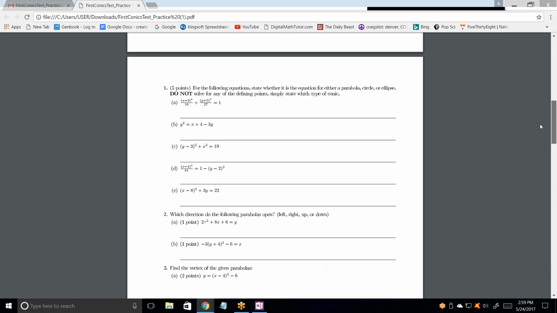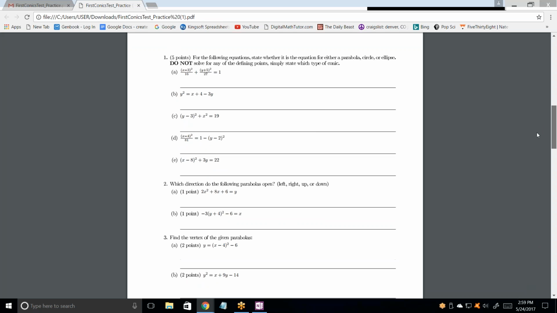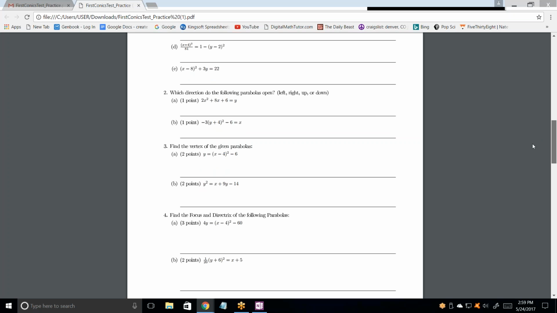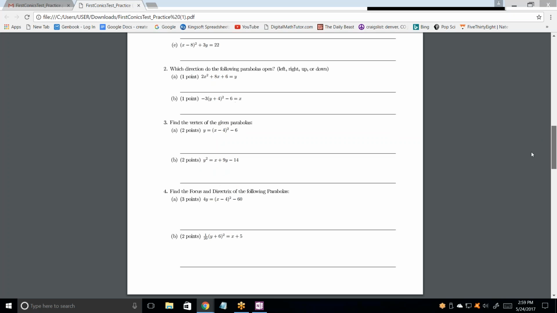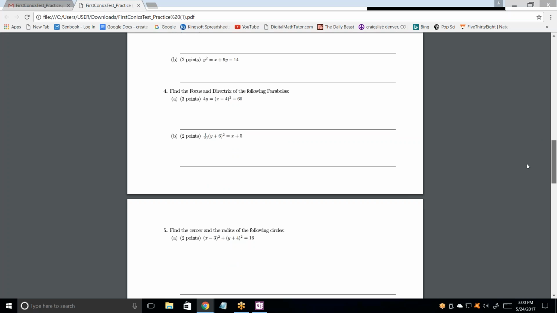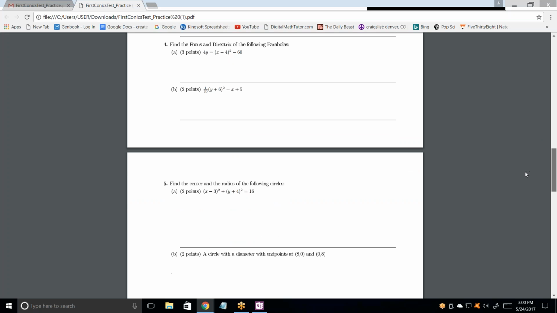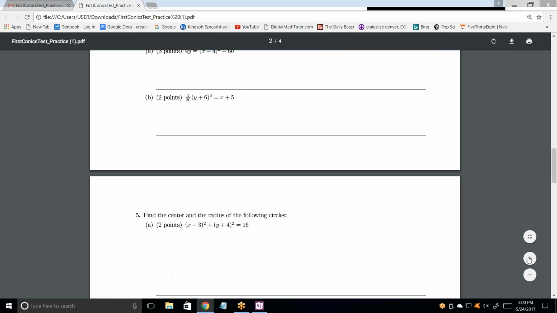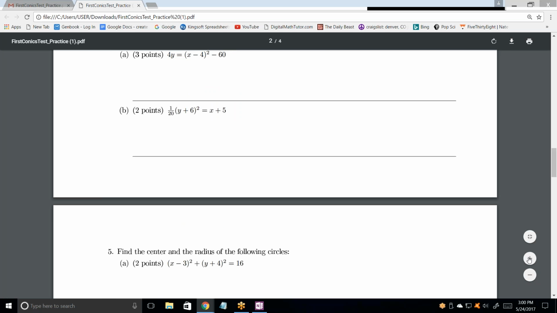Refresh me as to where we left off. I believe we were at after 4, I think. So we go to the next page. Right. We did 4A. Alright. So let's look at 4B.